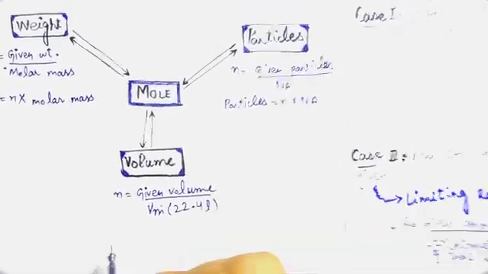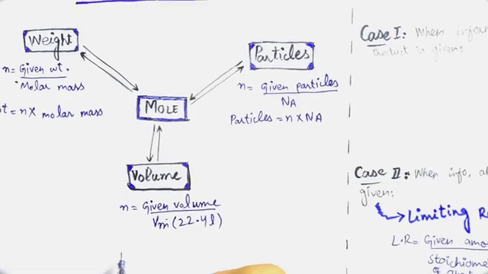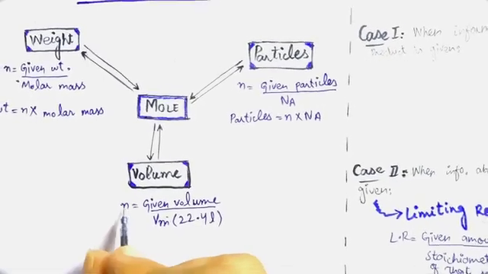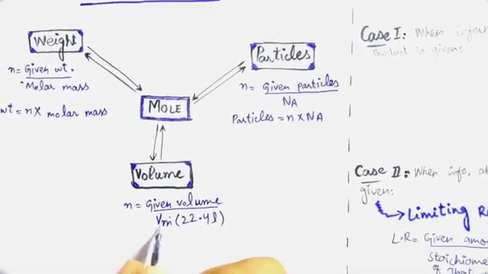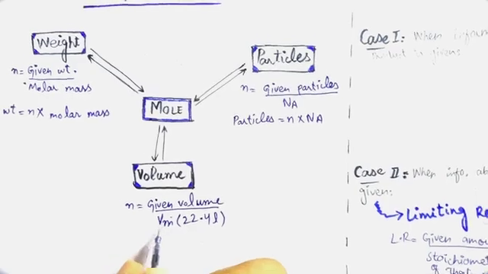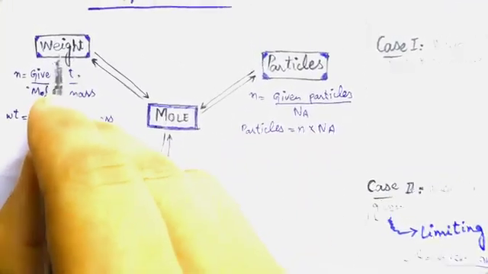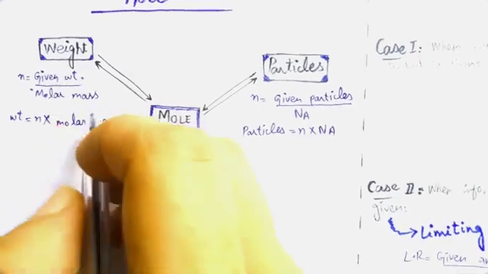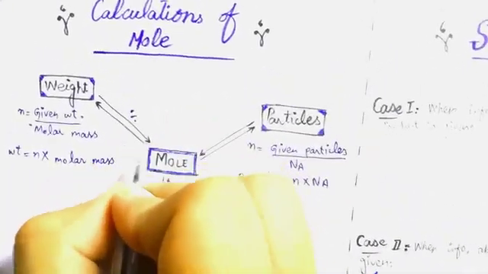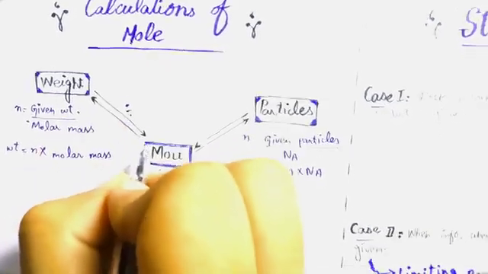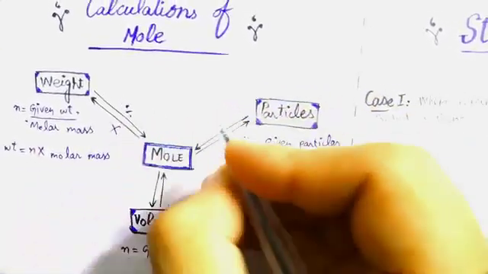And if we find given volume, then we multiply number of moles by molar volume. If we find mole by using weight, we divide. But if we find weight by using mole, multiply. Same in this case.